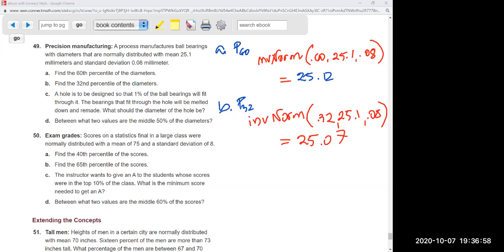Then letter C: this hole has to be designed so that 1% of the ball bearings will fit through it. So 1%, what should the diameter of the hole be?